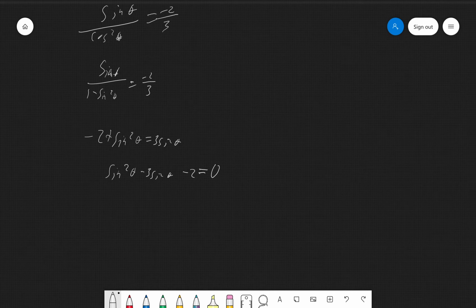Two numbers that multiply to negative 2, add to negative 3, seems like the old days. Can't think. What multiplies to negative 2 and adds to negative 3?